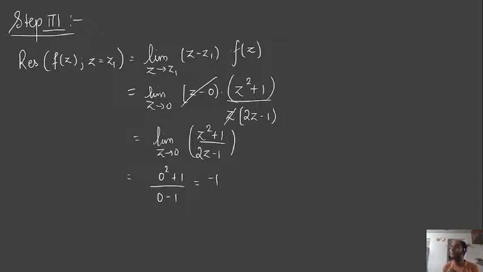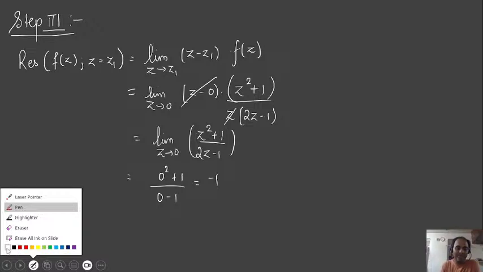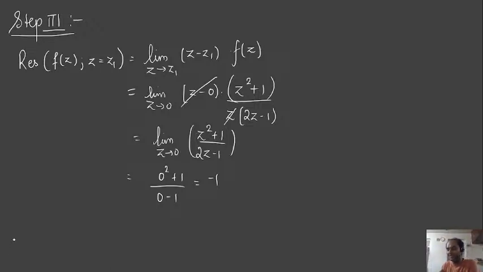Now see, in short, if you are doing any competitive examination, you can directly calculate the residue. Once you find the points inside the circle, the residue is nothing but this: you delete that point which is inside the circle from the denominator, and whatever is remaining, you evaluate your function at that.